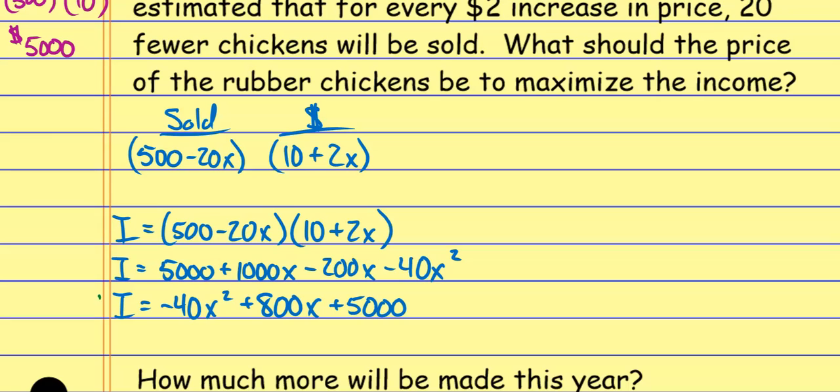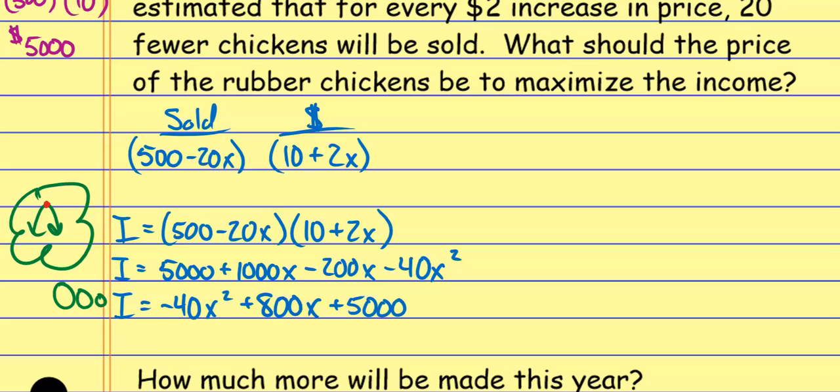And once again, if I think about this in terms of a graph, I know that this is a parabola that's going to open down. I've got a negative a value. But that parabola, that curve, describes my income. And so if that curve represents my income, I want to maximize my income. I want the highest point on this curve. I want the point that's at the very top. It's asking me to find the vertex, okay?